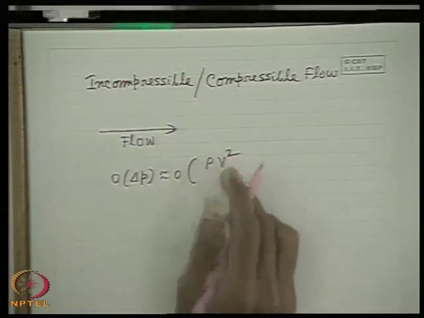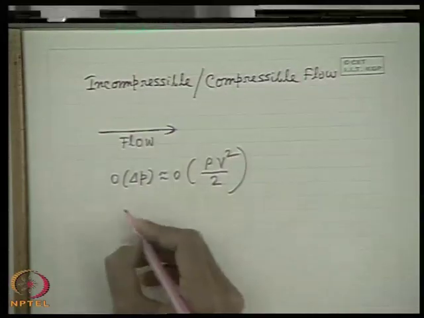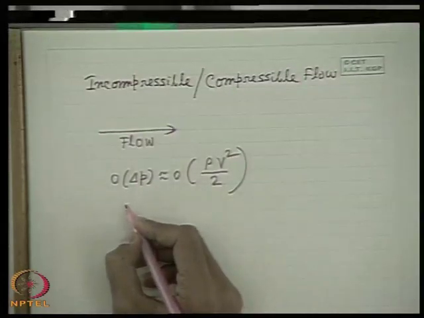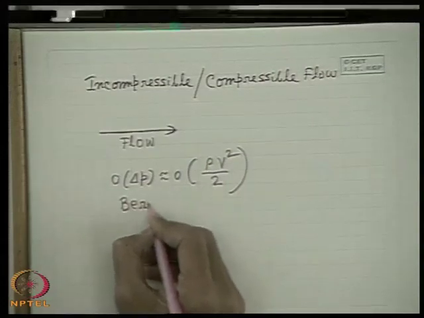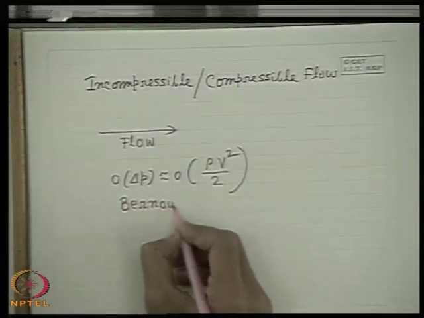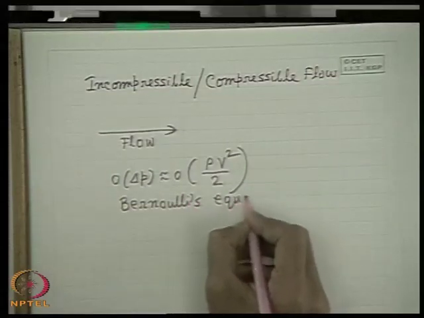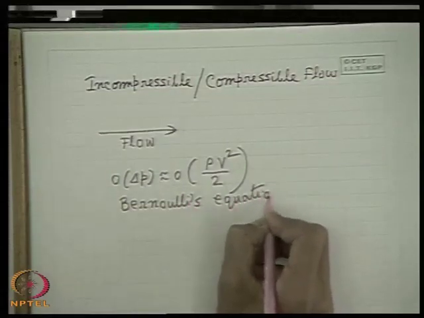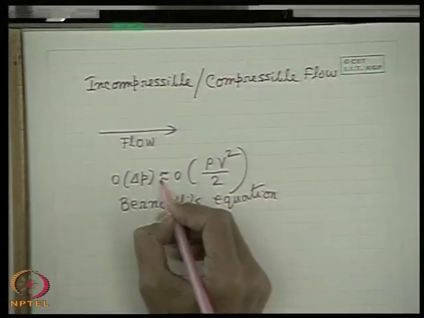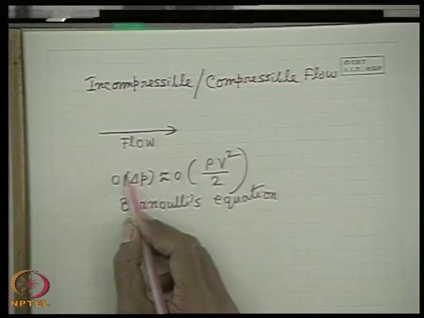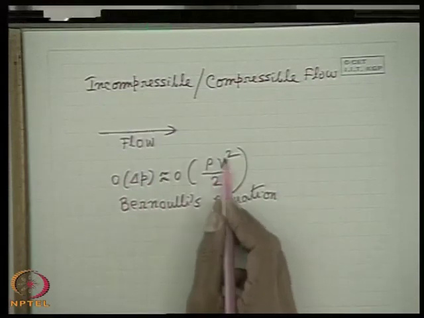This comes from a principle known as Bernoulli's equation or Bernoulli's theorem, which we will discuss afterwards, which gives us the idea that the order of pressure difference brought about by the flow is in the order of rho V square by 2.